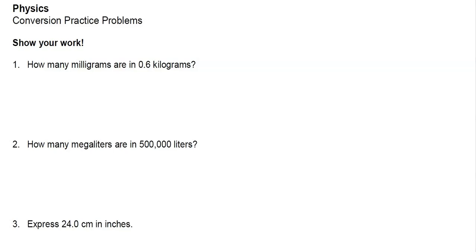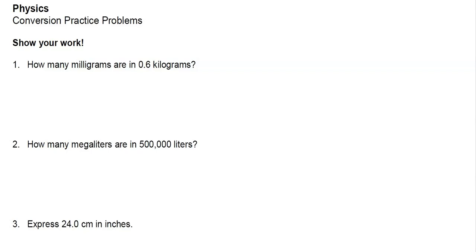Here's an example of a conversion problem where we're using the metric system and we're going from one metric unit to another, but we have to go through the unit that has one letter. In this case, kilograms is technically not the base unit, right? But we have to go through grams.